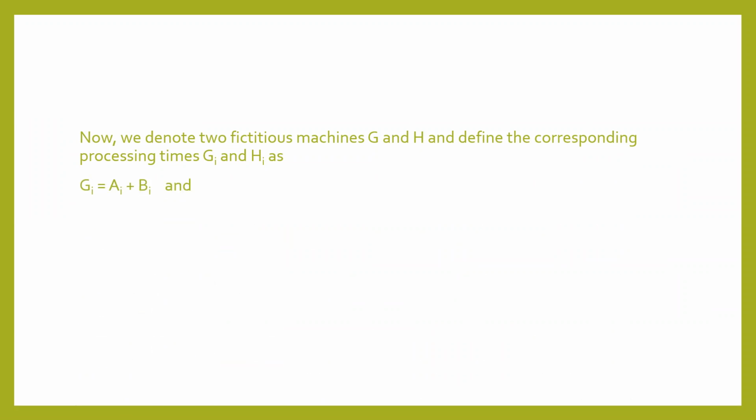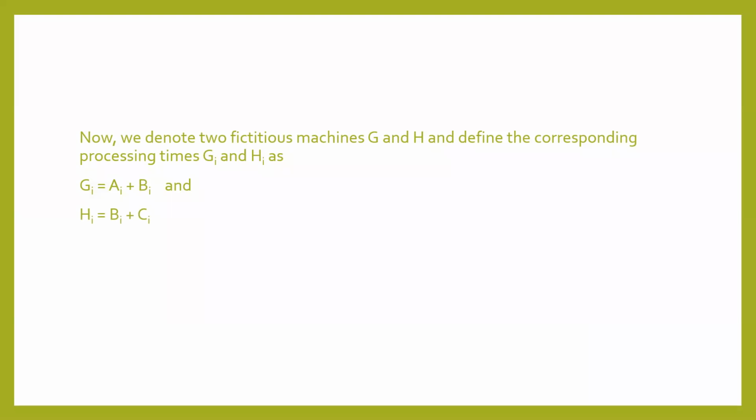Gi will be equal to the processing time of Ai plus Bi. And for Hi, it will be Bi plus Ci. The common processing time between both of them is the middle row, the second machine.